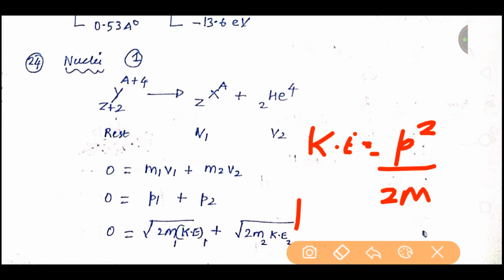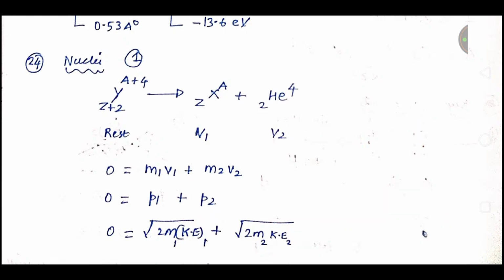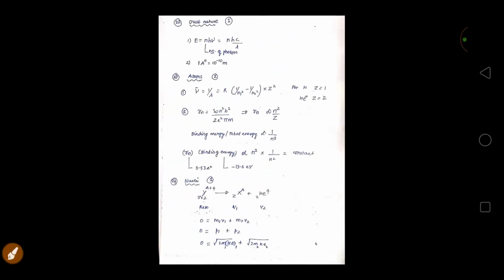So P is equal to root 2M kinetic energy. So root 2 m1 kinetic energy 1 plus root 2 m2 kinetic energy 2. They may give you kinetic energy 1 and they may ask you kinetic energy 2. Right.